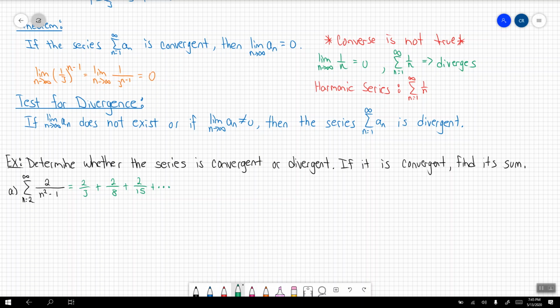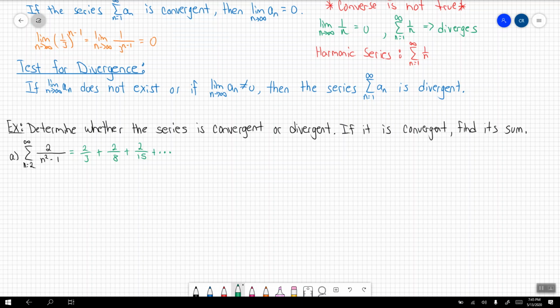So we can't use the limit to our advantage. But we actually have something better. I know I'm taking a break here, we have what's known as partial fraction decomposition.